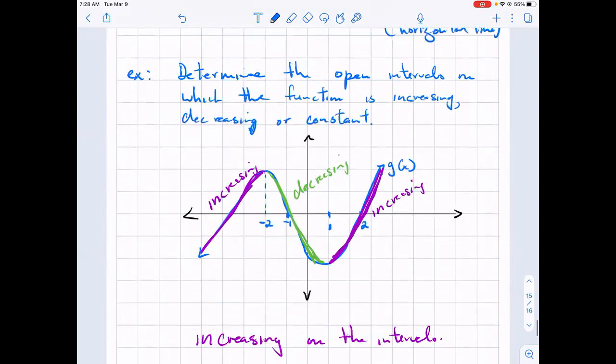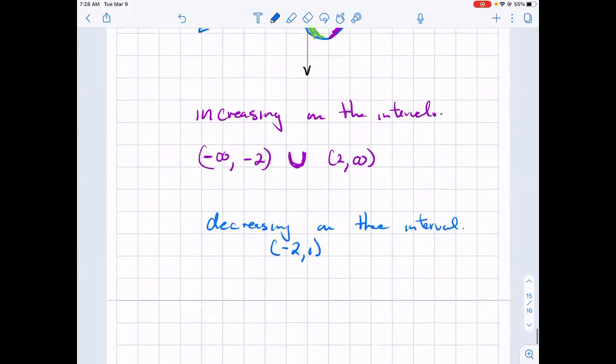Okay. Now we did say open intervals, right? So whenever we're writing increasing and decreasing, we generally don't pay attention to the closed parentheses. We just usually write them as some open interval.